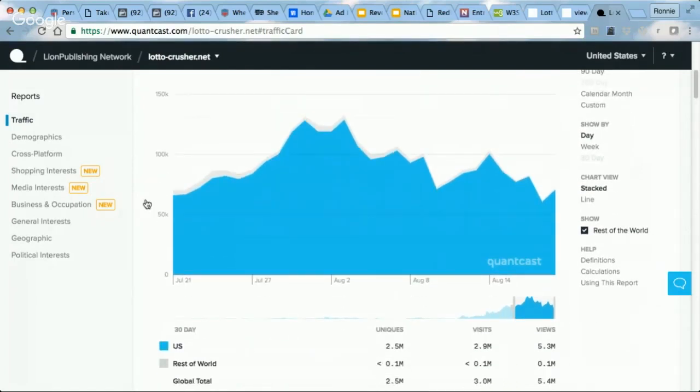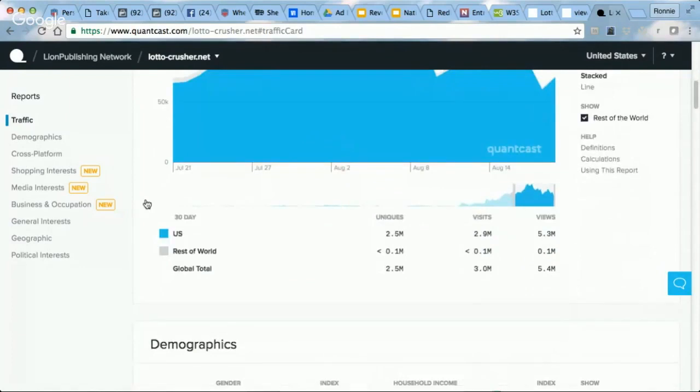So here we go. Let's look at some of the stuff. Okay, that's interesting. So this lotto offer, we're seeing it's just being run in the US, okay? Or at least this URL is, lottocrusher.net, but it looks like it's mainly US traffic here. And we can tell this is probably an advertising campaign.